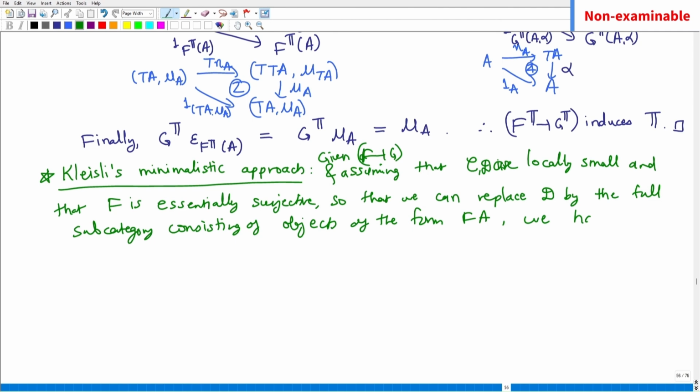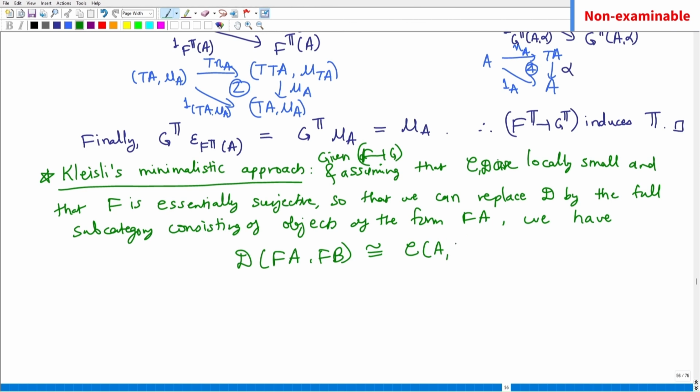We have D, Fa, Fb. Every object looks like this, Fa, Fb, and we are given an adjunction. So what does that adjunction say? That this hom set should be in bijection with C(A, GFB).